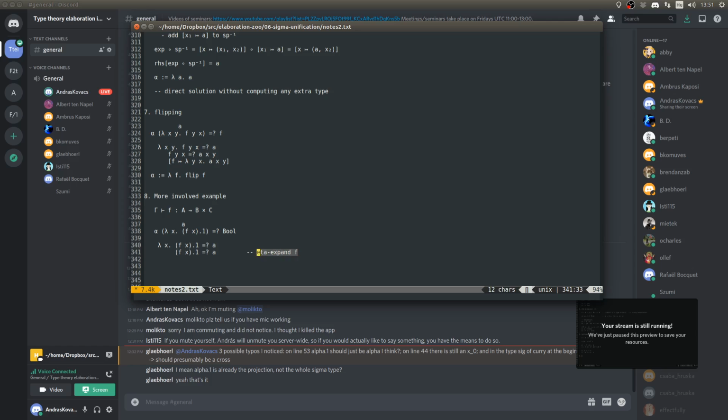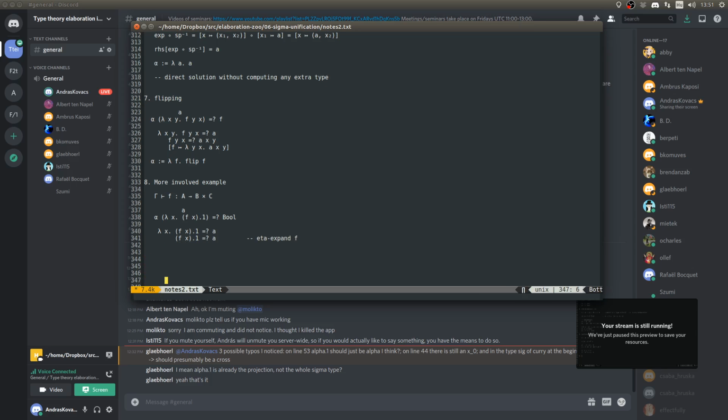And this eta expansion of f can be done in a purely syntax-directed way. So I can just simply look at this term, and I can just perform an expansion whenever I see a projection. So this also does not require computing types. Okay, and then what is the eta expansion of f?